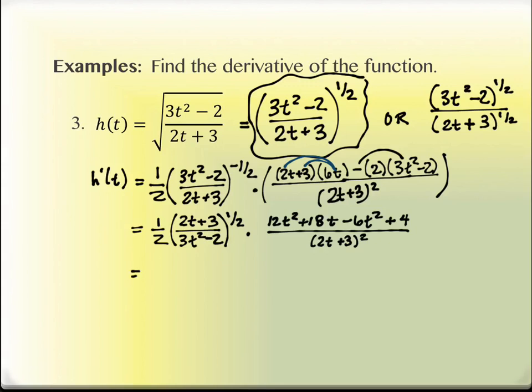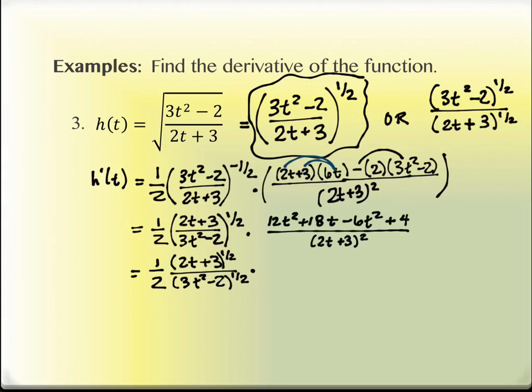Great. I'm going to rewrite this piece right here with the 1/2 on the numerator and the denominator separately, because eventually I'm going to need it there anyway. So now I have 2t plus 3 to the 1/2 over 3t squared minus 2 to the 1/2.